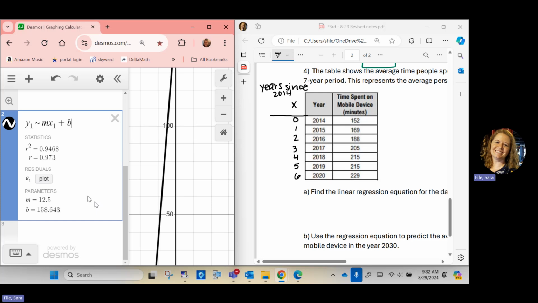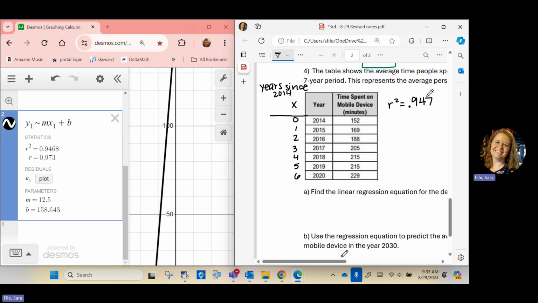What does that tell you? Yeah, if I'm rounding to the thousandths, that's 0.947. Is that a good, strong coefficient of determination, or is that not a good fit? It's a good fit. It's closer to 1.